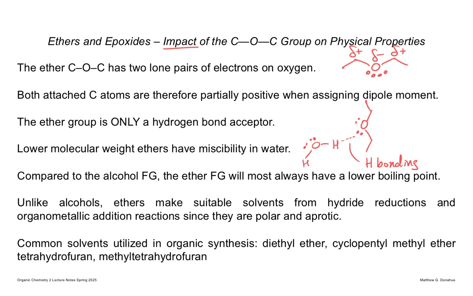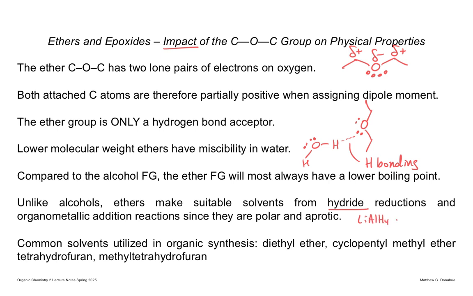And as I said, for any molecular formula where you can make an alcohol or an ether, the ether will always have a lower boiling point. And we saw hydride reductions, like lithium aluminum hydride.